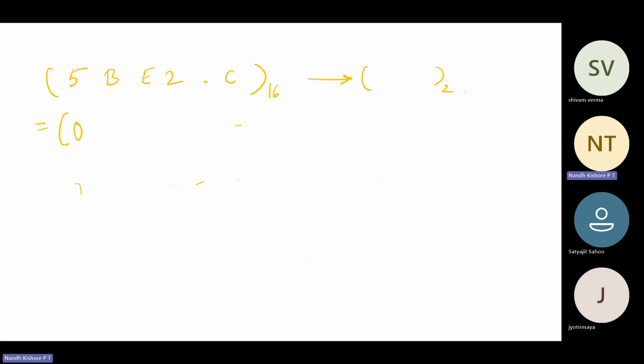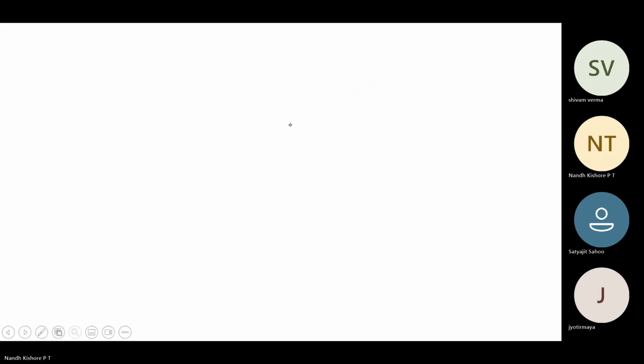So 5 is basically 0, 1, 0, 1. Then B is actually 11, right? That is 11 would be 1, 0, 1, 1. And E is what? E is actually 14, right? Which is 1, 1, 1, 0. And 2 is 0, 0, 1, 0.